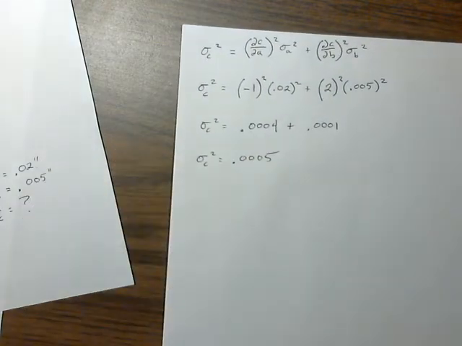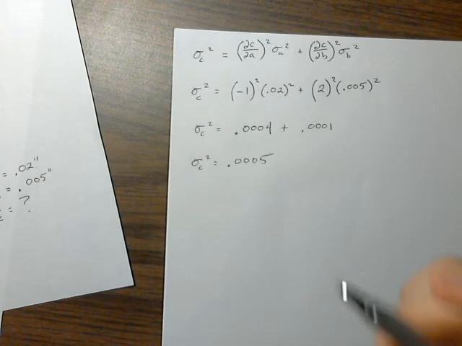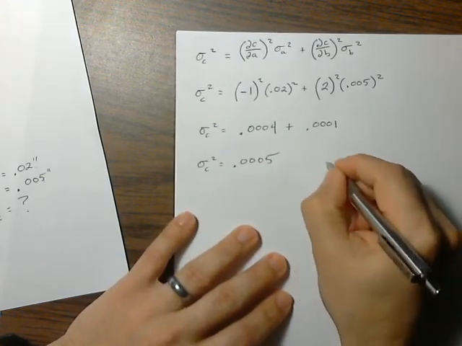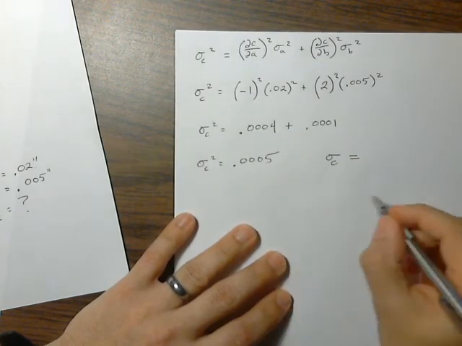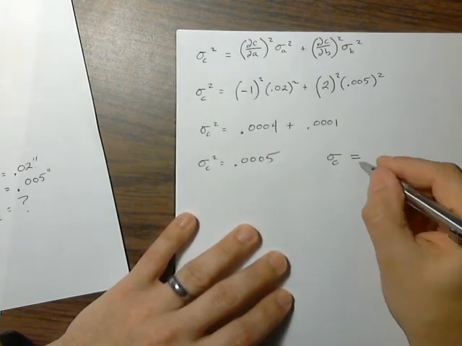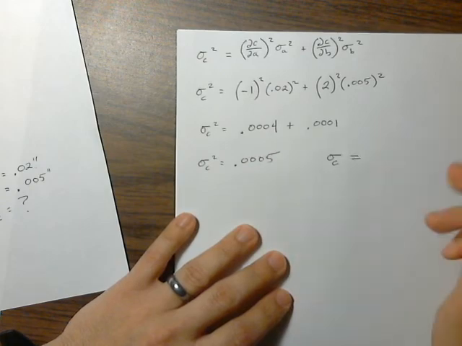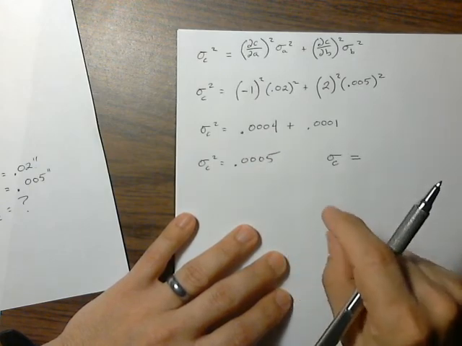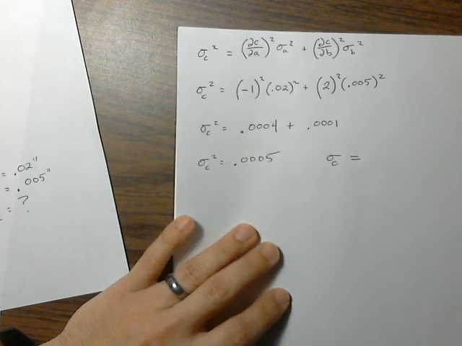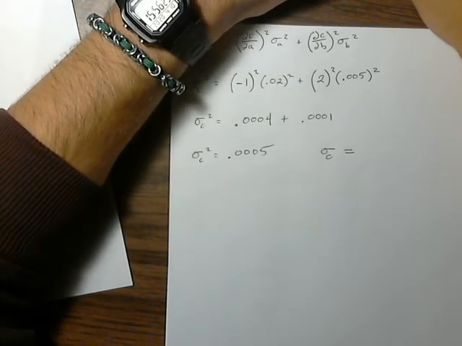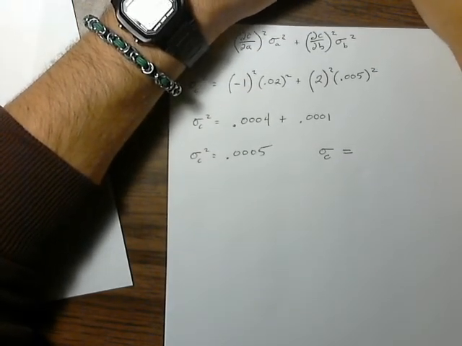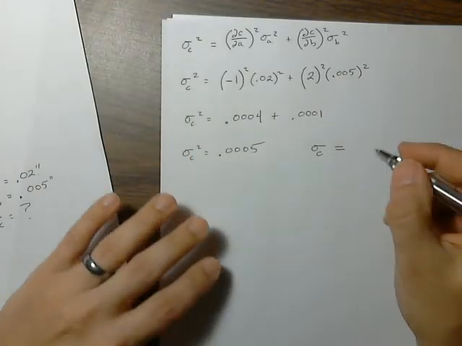So if I wanted to calculate the standard deviation, it would be the square root of 5 times 10 to the negative 4. So that's less than 3, more than 2, whatever that is. All right, I'll be unlazy and actually calculate it. Let's see. Yeah, 2.24. That's worth committing to memory.